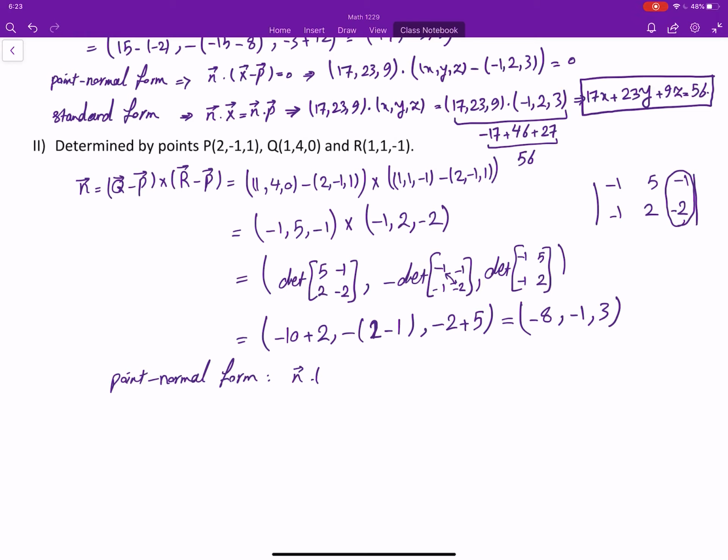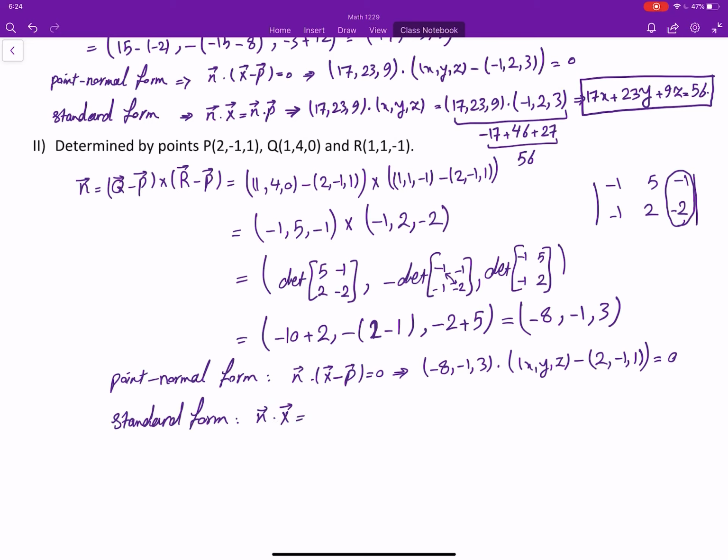n dot x minus p equals 0. n is (-8, -1, 3) dot (x, y, z) minus p, which is (2, -1, 1). This equal to 0. The standard form, always start from n dot x equals n dot p.